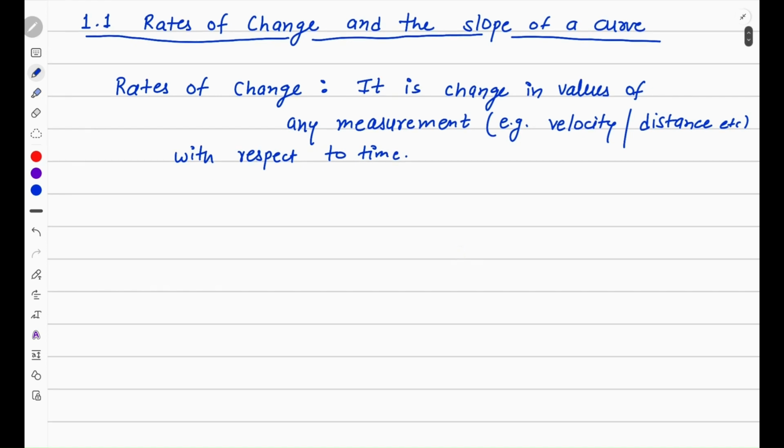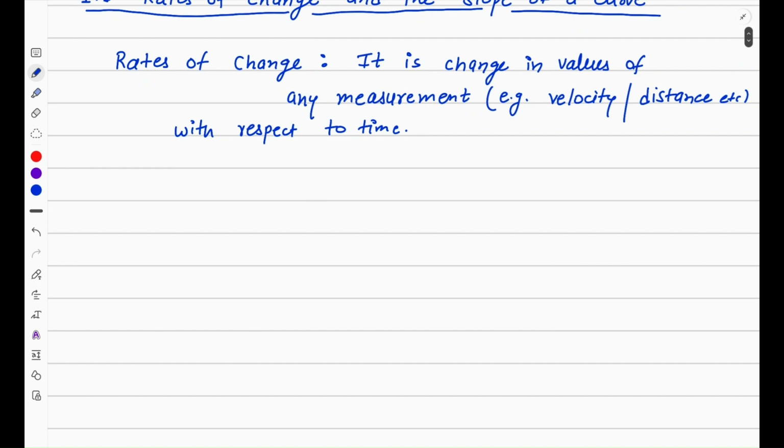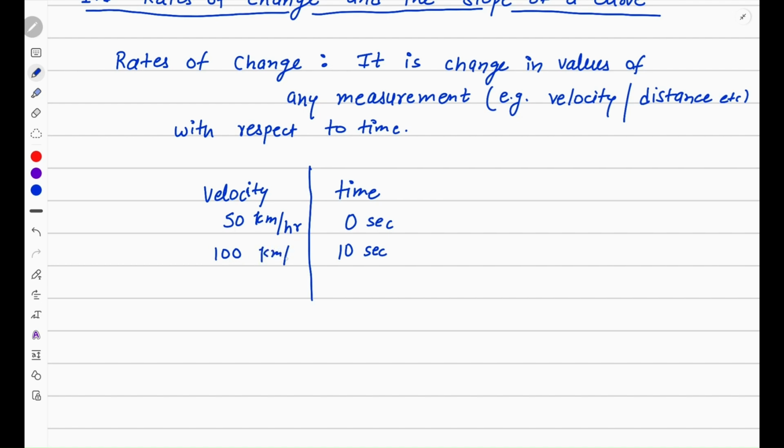For example, if we take the velocity of any car with respect to time, say at time 0 the velocity is 50 km per hour, and at a time of 10 seconds it is 100 km per hour.